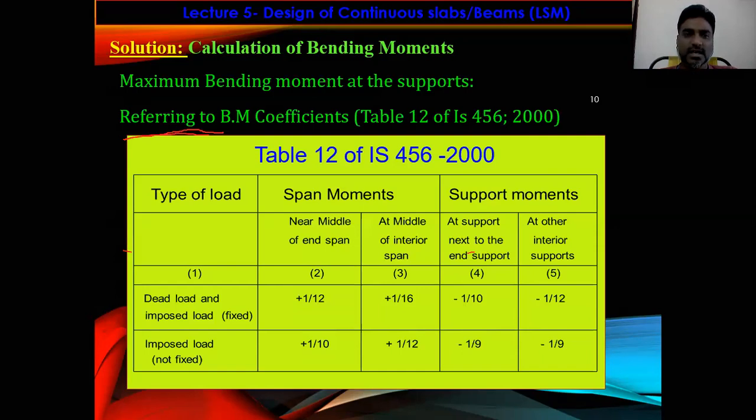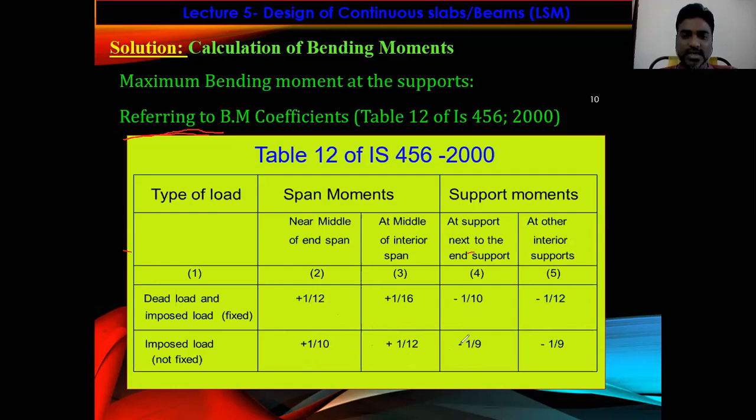In practice, we should calculate all the bending moments separately by taking the corresponding coefficients, take the maximum one, and check the dimensions for that. Here, due to time constraints, I am directly taking the maximum bending moment.